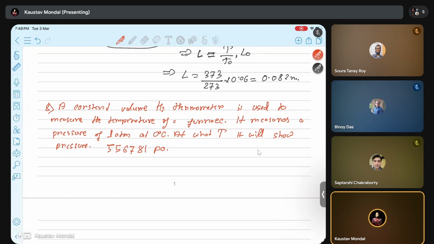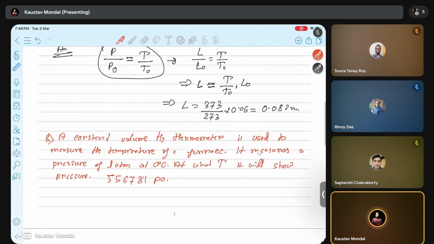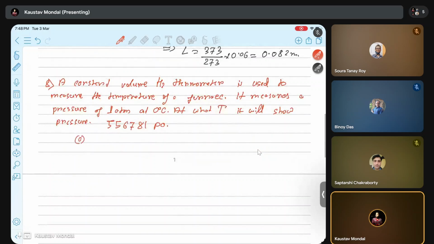Here the main units are in Pascal and atm, so you have to be careful about that. Option A is 1300 Kelvin, option B is 1400 Kelvin, option C is 1500 Kelvin, and option D is 1600 Kelvin.